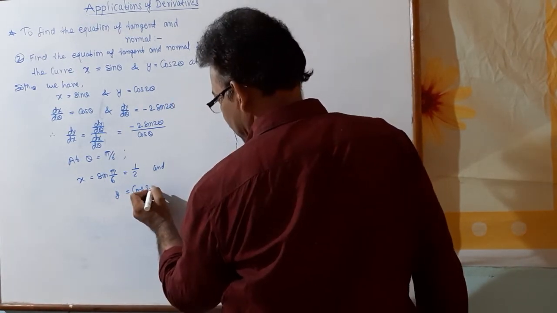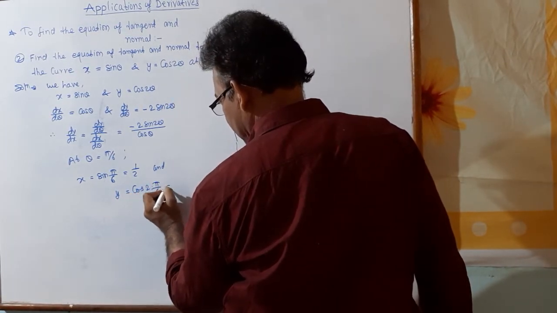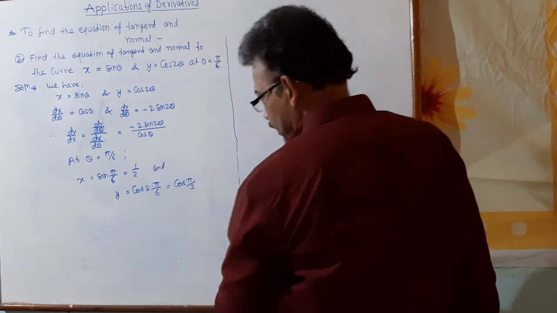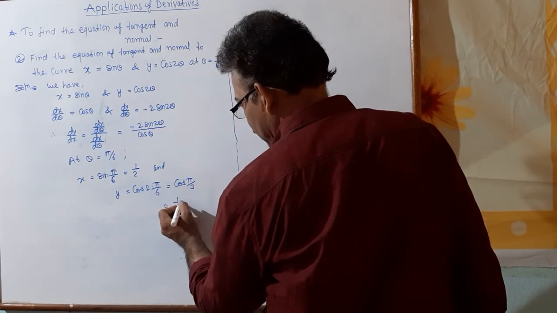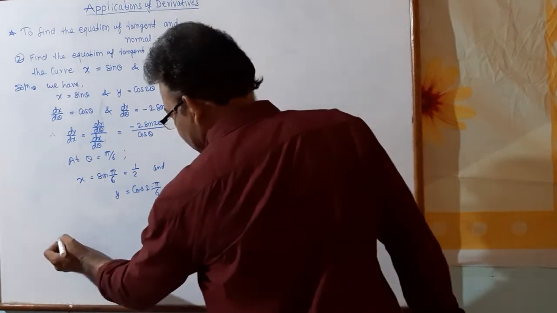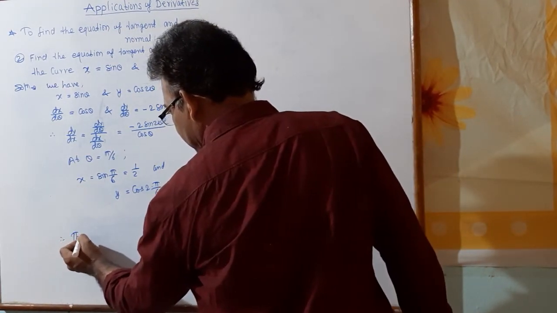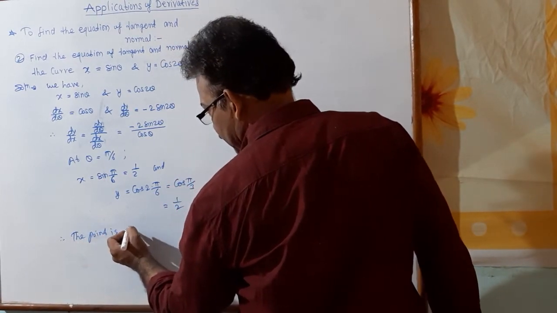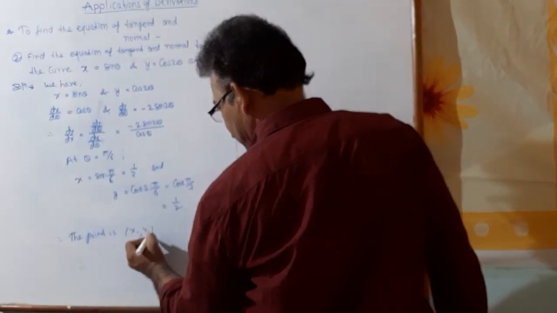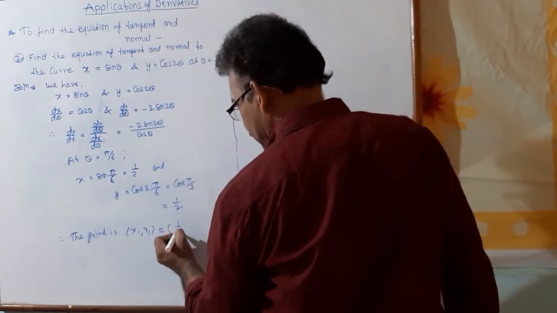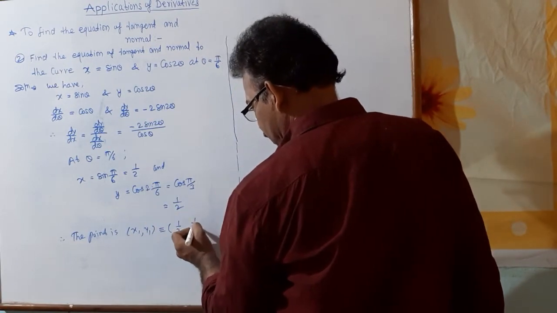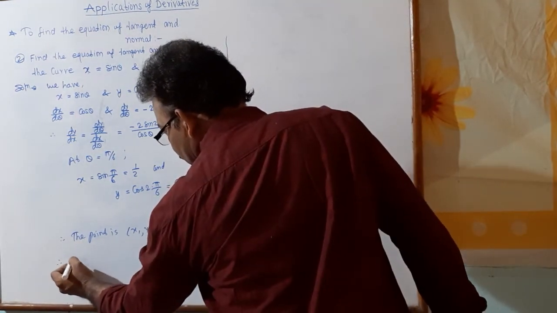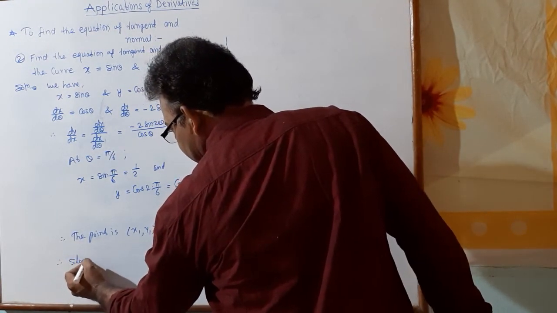Theta means pi by 6, and it is cos pi divided by 3, 2 by 6 means 3. Cos 60 also has value 1 by 2, and therefore the point is, suppose the point is (x1, y1), which is congruent to, we get the same x coordinate 1 by 2, y coordinate 1 by 2.